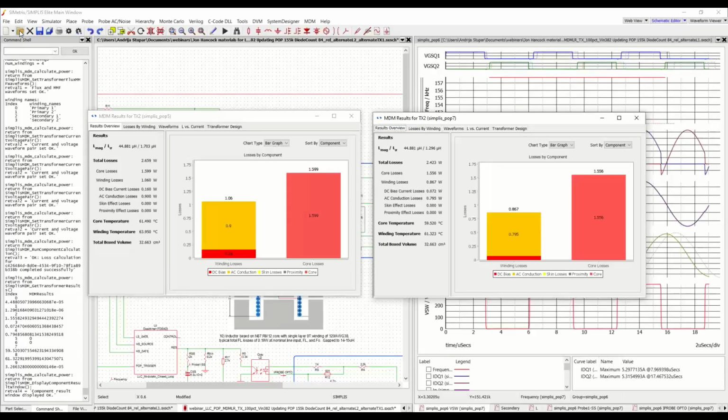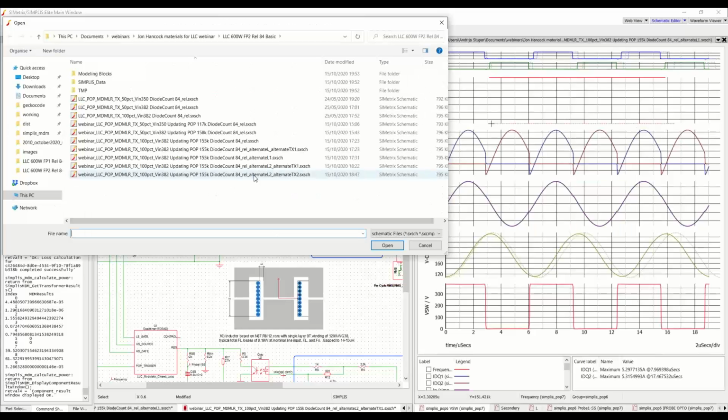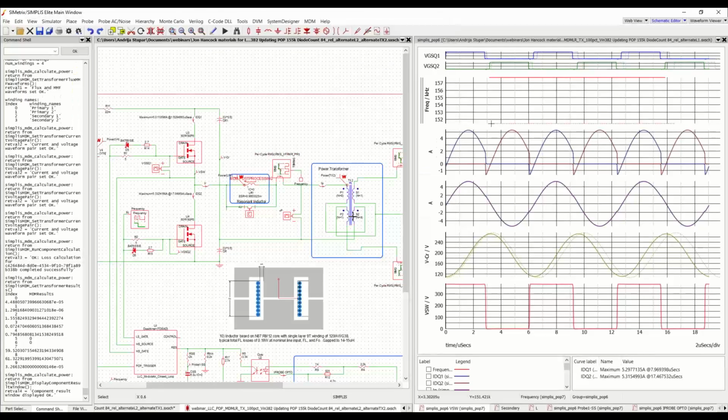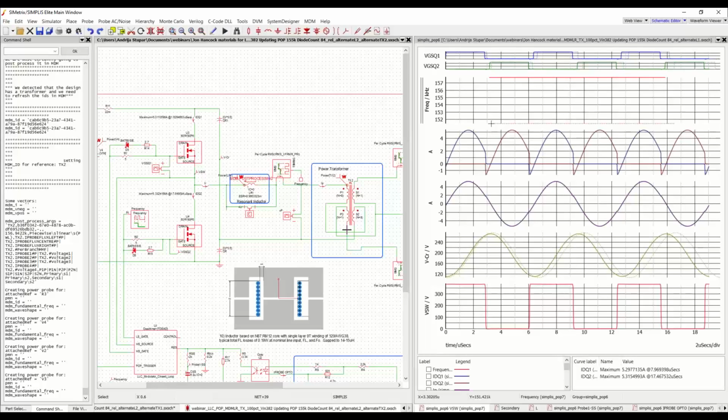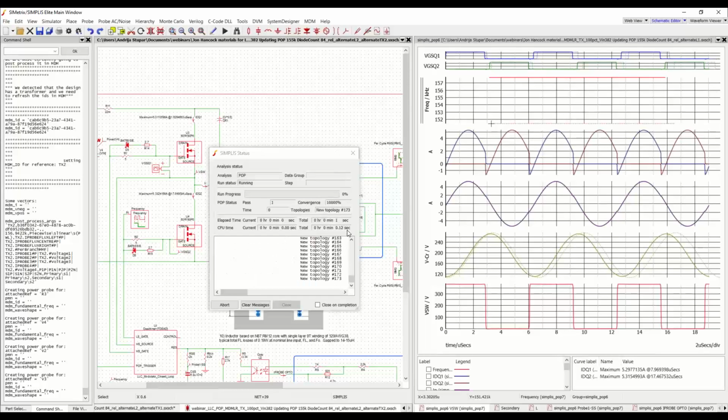And then finally, I thought, why not go all the way and increase the copper area as much as I can.